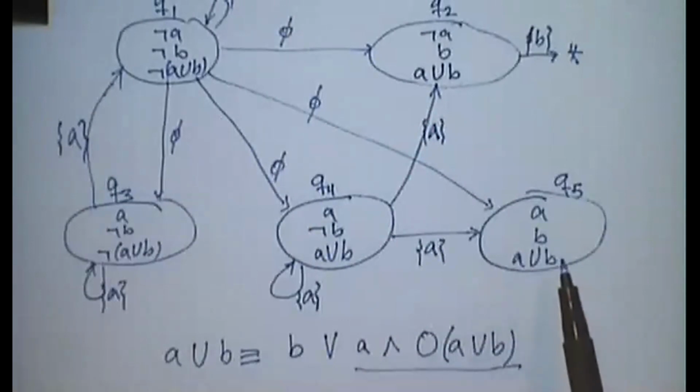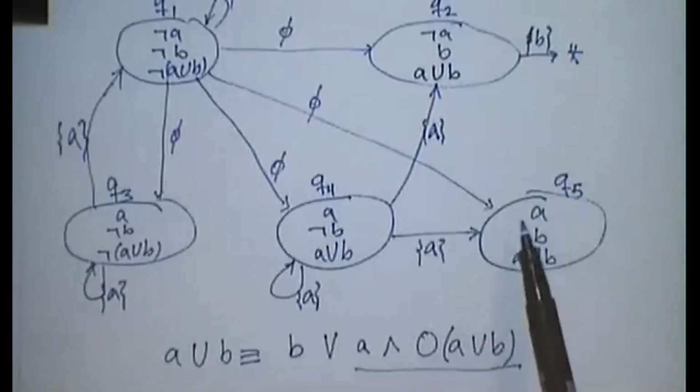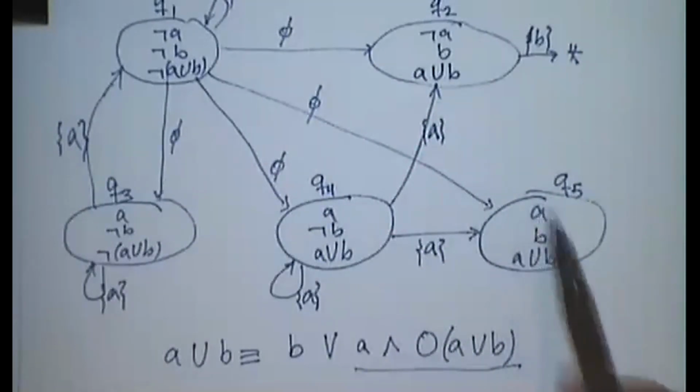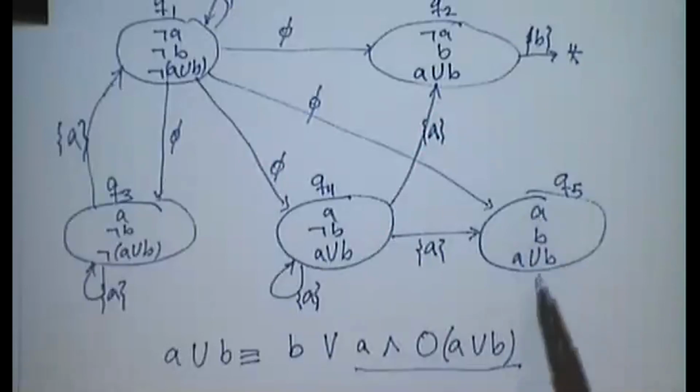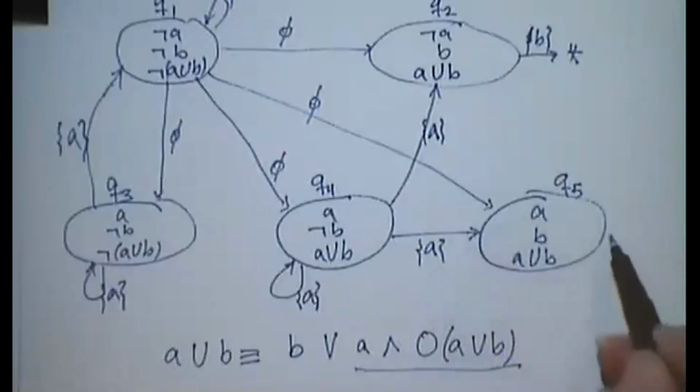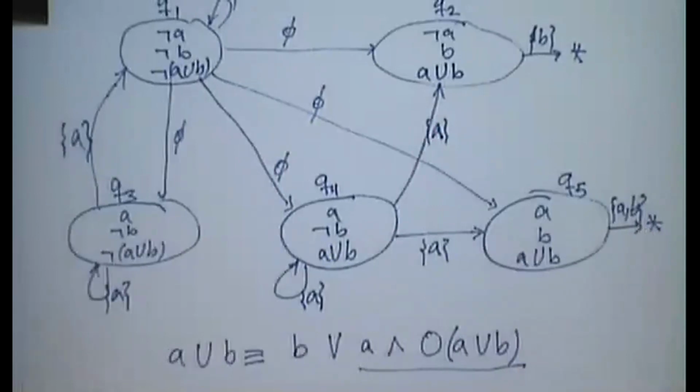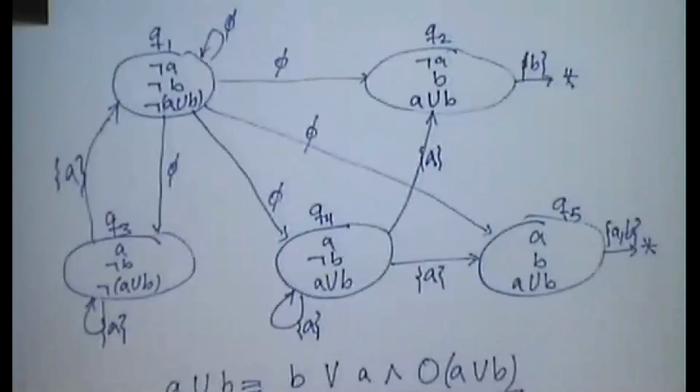So any edge that goes out of Q5 should start with the letter AB. And it should also satisfy A until B. But it satisfies this trivially. Why? Because we already have B in the very first index. So as long as the letter that we read is AB, it doesn't matter where we go from Q5. So again, I have an edge to everywhere. I don't care where. And it's labeled AB. Okay. So this is the construction of the automaton.